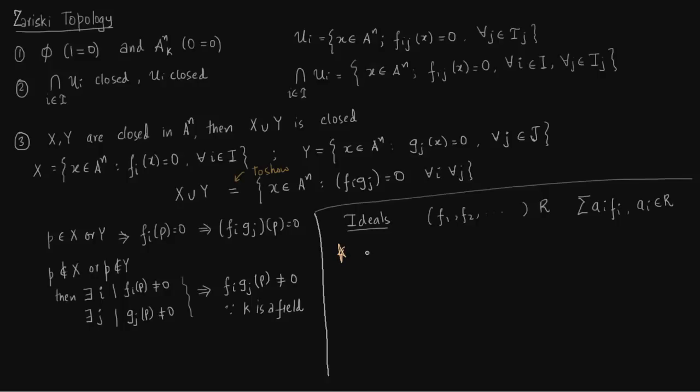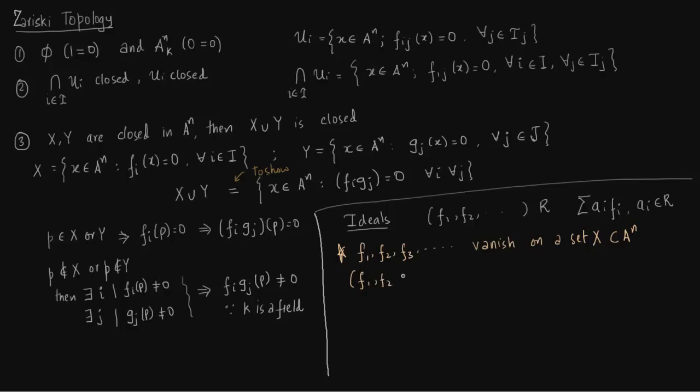Now I want to make an important remark, and that is why we have changed the color to peach. So look at these polynomials f1, f2, f3, all of them. They are all polynomials, so they vanish on some algebraic set X. This X lies in A^n, so we can say these polynomials lie in the ring k[x1, x2, all the way to xn].